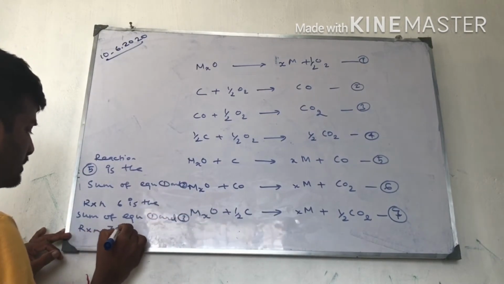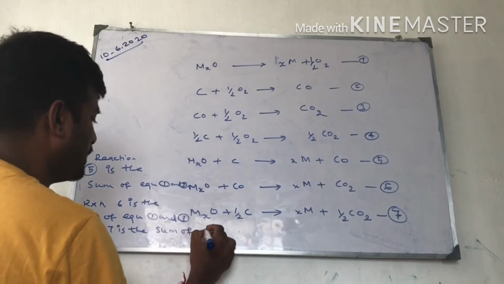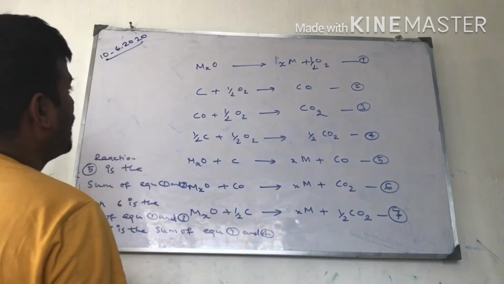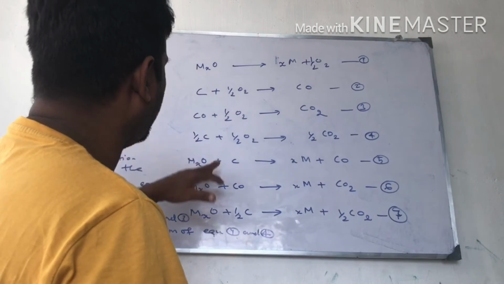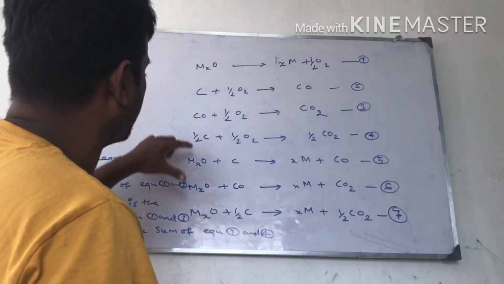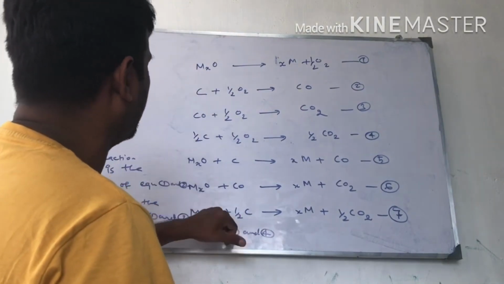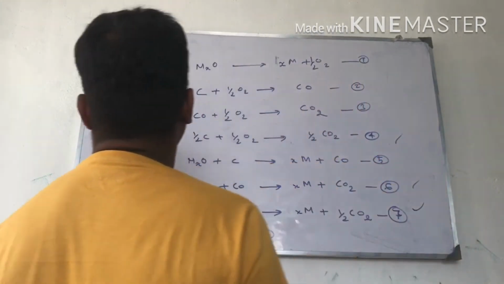Reaction 7 is the sum of equation 1 and 4. Right? So we have to add this equation and this equation to get this equation: MxO plus C, and next MxO plus CO, and third MxO plus half C. Correct? So you get the sum of all these.